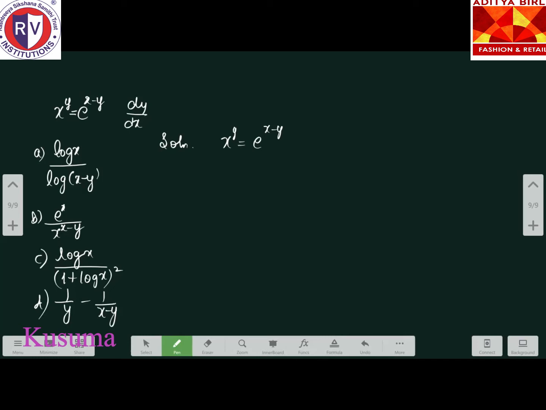What can we do? We can take log on both the sides, right? Taking log on both the sides will give us y log x is equal to x minus y.